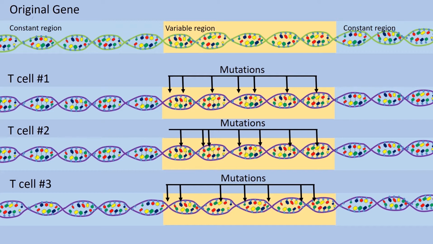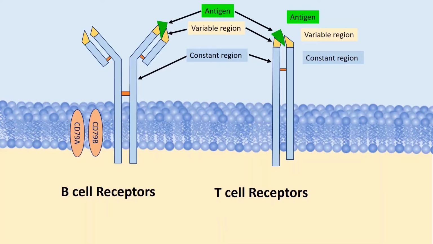While each B cell will have the original gene for the B cell receptor, in the process of early development, you start seeing lots of mutations occurring in that non-conserved region. This level of mutation is quite deliberate because it means that each subsequent B cell is different from those around it in terms of that region.